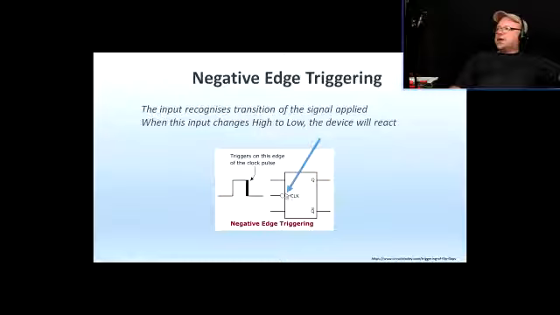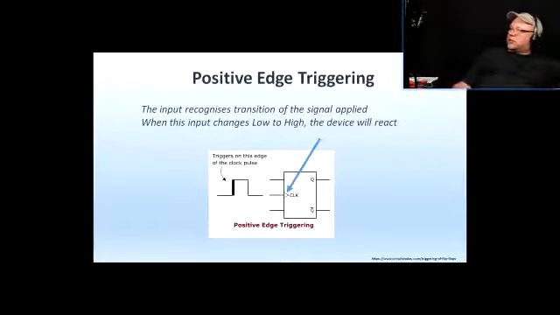The little triangle symbolizes that this is an edge triggering, and this little bubble suggests that it is a negative edge triggering.